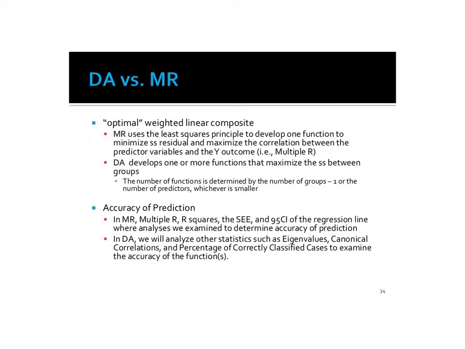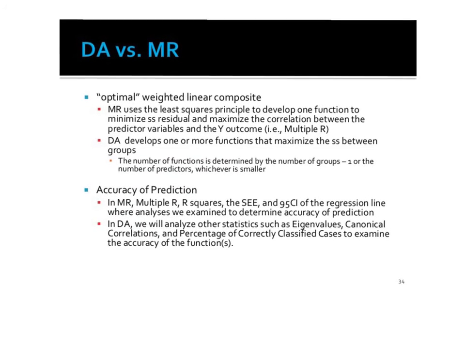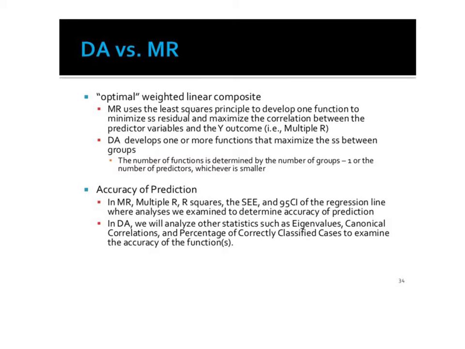But when we look at what we mean by the composites, the goal of it is a little bit different. An optimal weighted linear composite. So what is the goal of optimal? How do you get the best regression equation or best function? Well, in multiple regression, the best possible function uses the least squares principle to develop one function to minimize the sum of squares residual, or minimize error, and maximize the correlation between y and y prime.